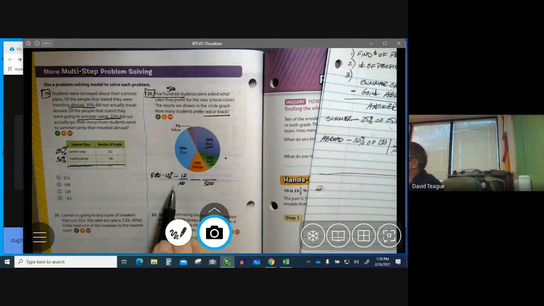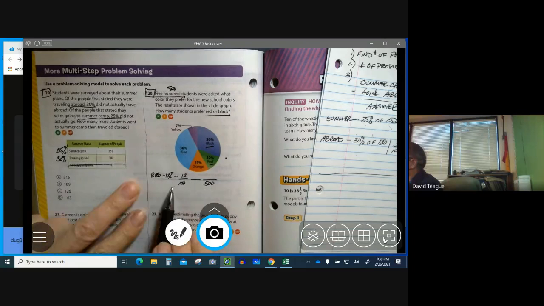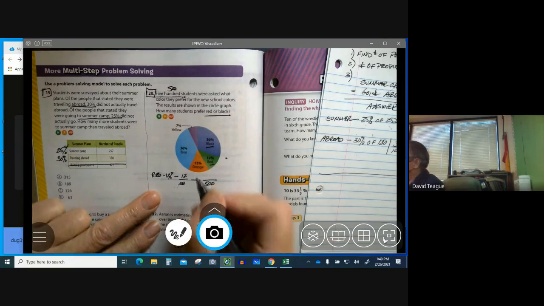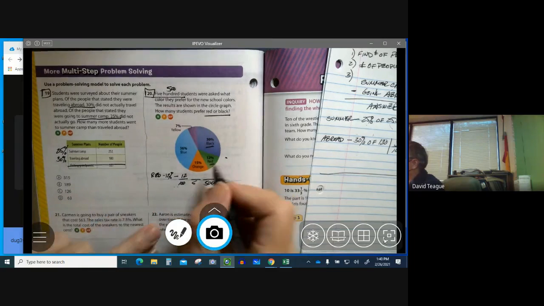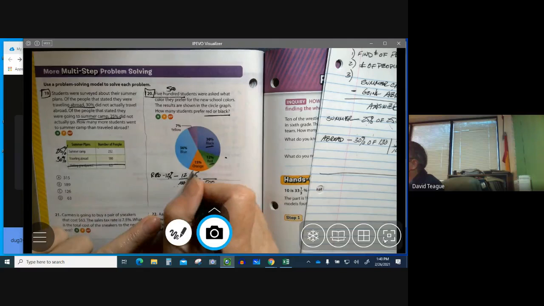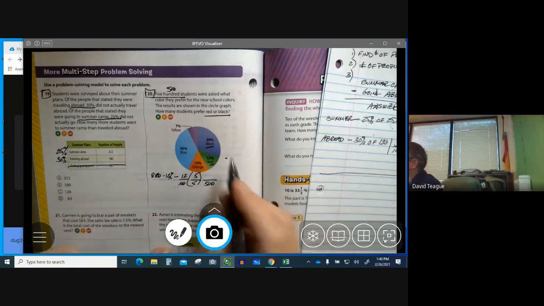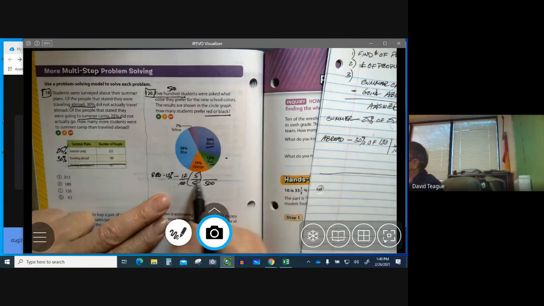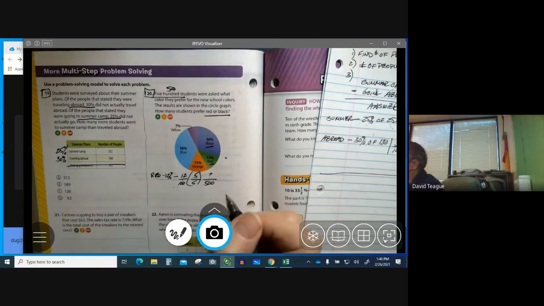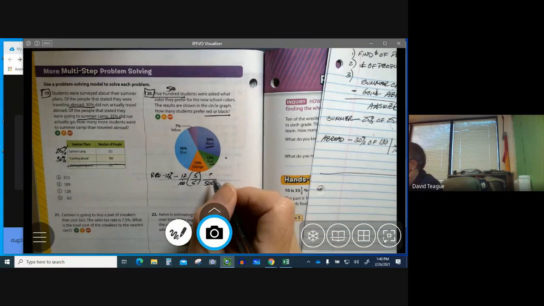So now I have to find my scale factor. So 100 to 500, right? That's 100 times 5, gives me 500. So I have to do the same thing to the numerator. So you're going to multiply 12 times 5, and you're going to get the number of students that like red.